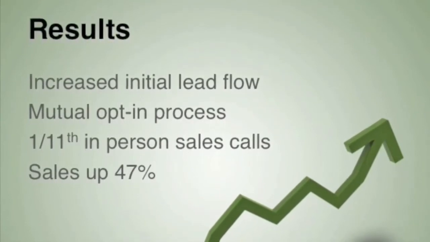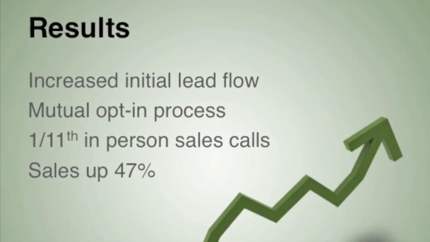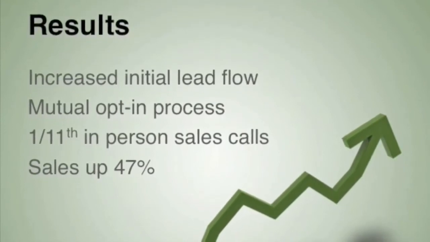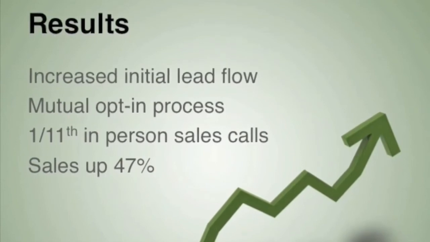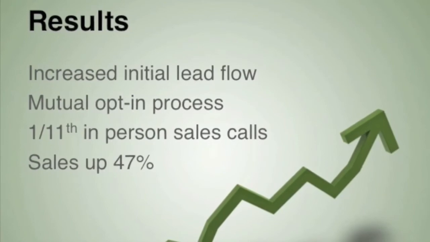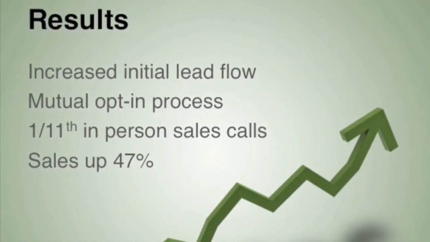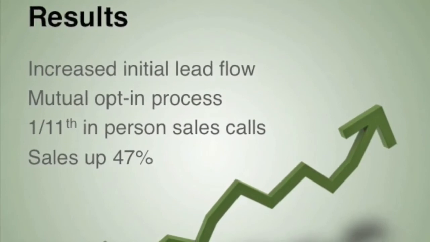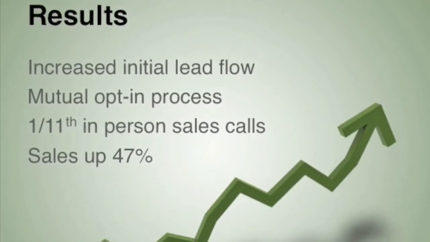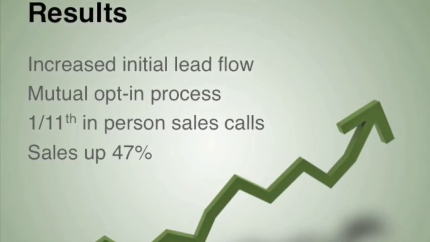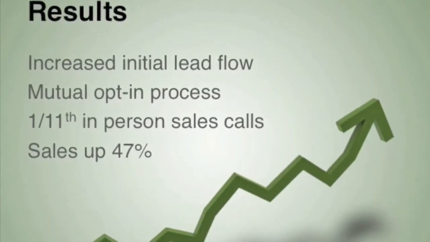Once they watched the video, they were moved out of track number 1 onto the track number 2 sales process, where they were sent a survey. These questions were somewhat helpful to the prospect, but also helpful to us. We didn't want to just say, here's how you can serve us by answering these questions. We wanted to serve the prospect as well. But they must complete this survey and, again, opt into our sales process for the second time.